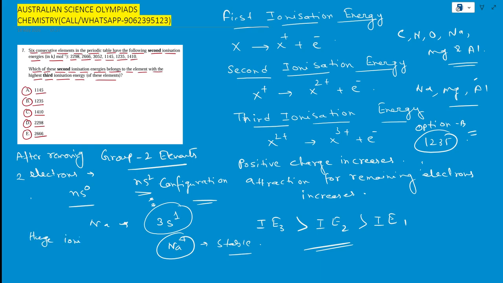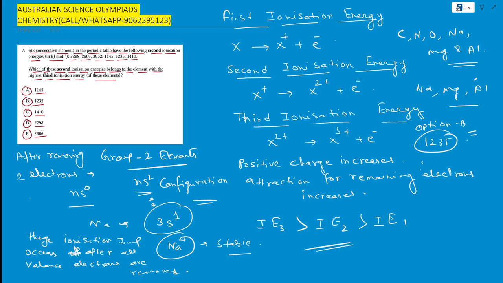A huge ionization jump occurs after all valence electrons are removed. Okay.